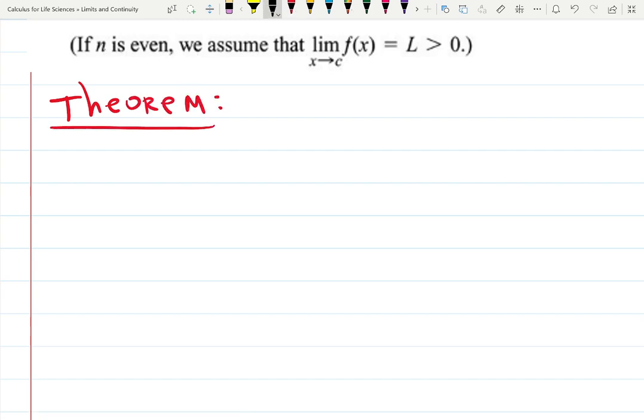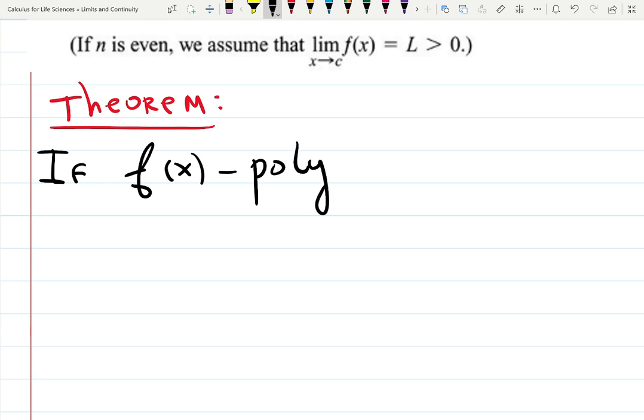Theorem: if a function is a polynomial, who knows what a polynomial is? Sometimes people say poly. Let's do polynomial. A polynomial function. Do you know what a polynomial function is? Anyone? Any example?